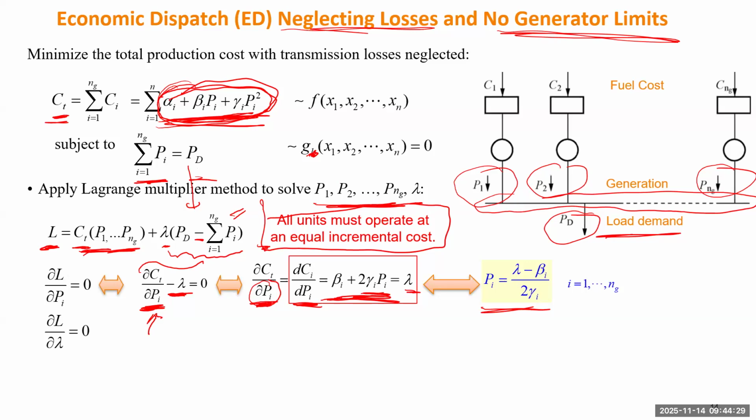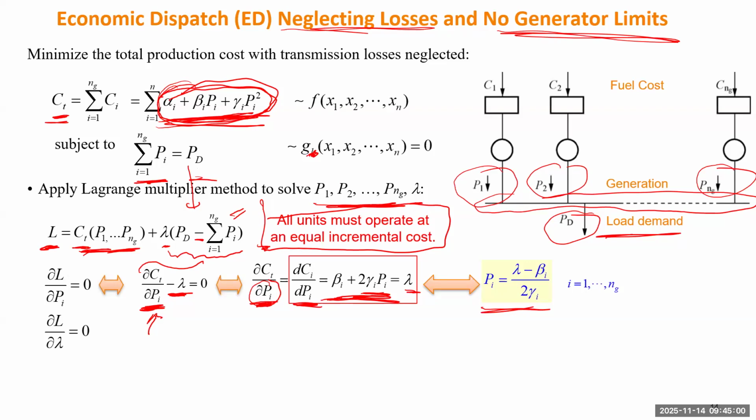Even though different units may have different cost functions and different incremental cost curves, when they together support some load, they need to be operated at exactly the same price, which is the equilibrium of the market or the dispatch. You cannot have any unit at this moment be more expensive than the other unit, right? If that's the case, you need to decrease its output, and then its price decreases.